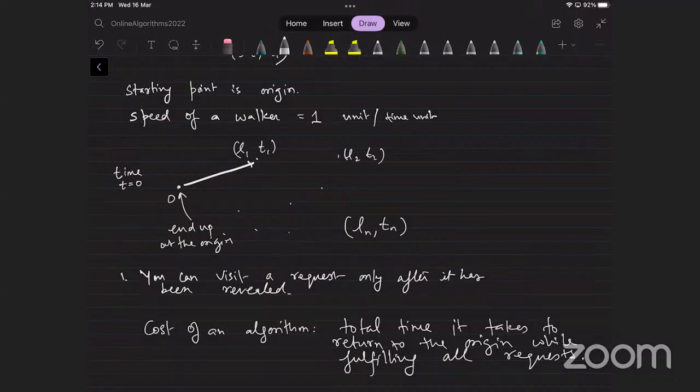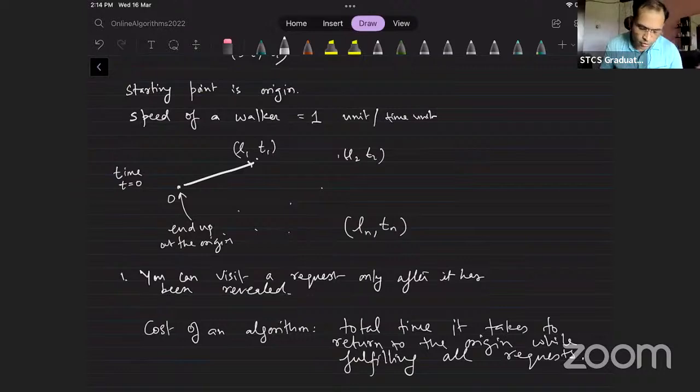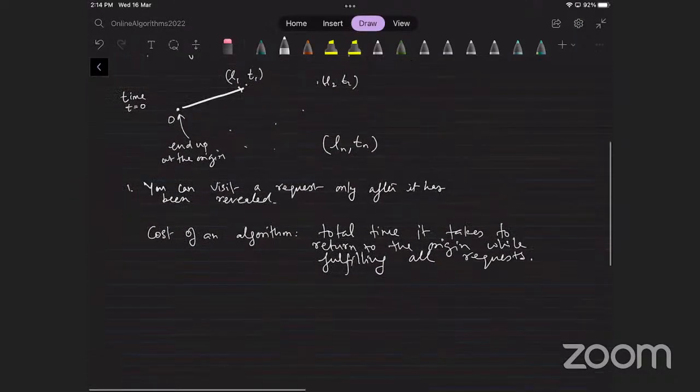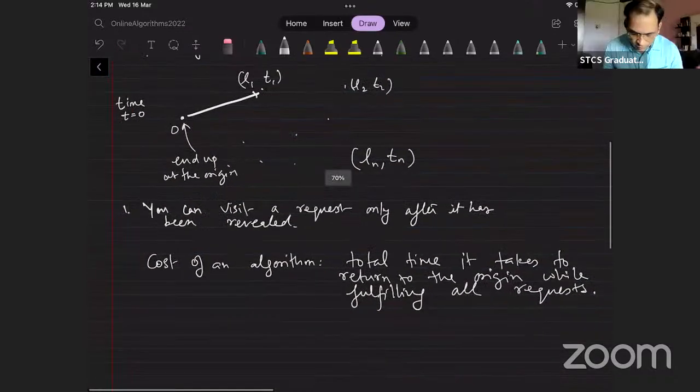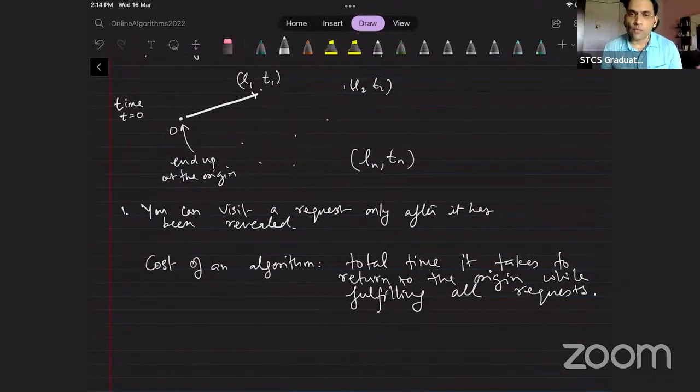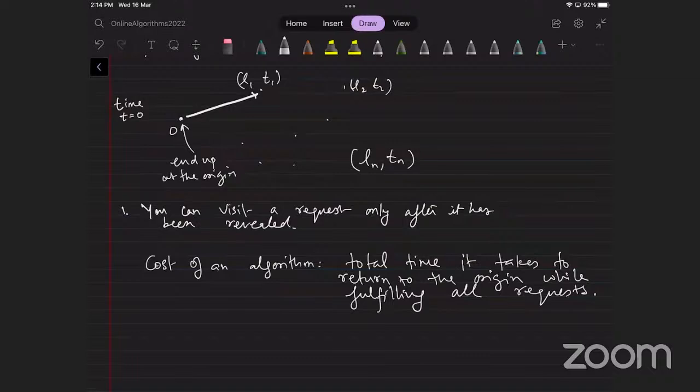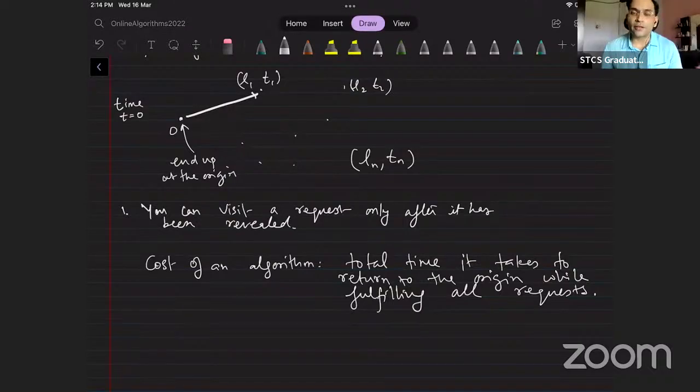Make sense? There should be a restriction also, right? Which restriction? On how many requests we can wait. Otherwise, you would wait. Sorry, say it again. Let's say the total number of points is n. Okay, you may decide to wait until all n points are revealed, right? Then it will become OPT. So I will never tell you what n is ahead of time.